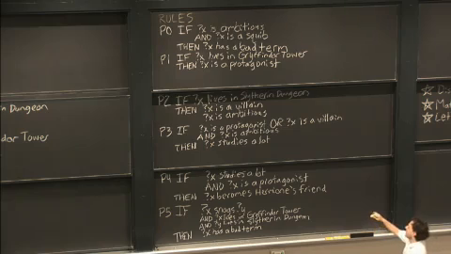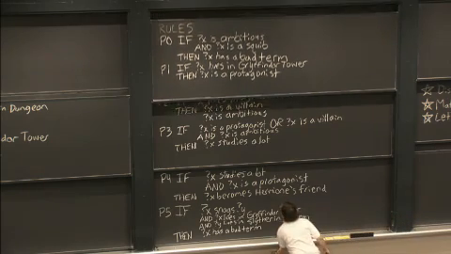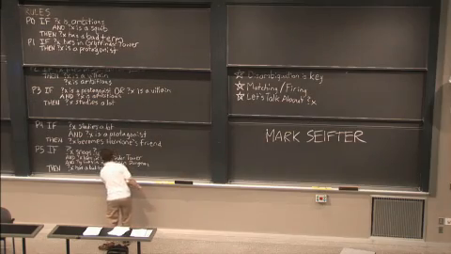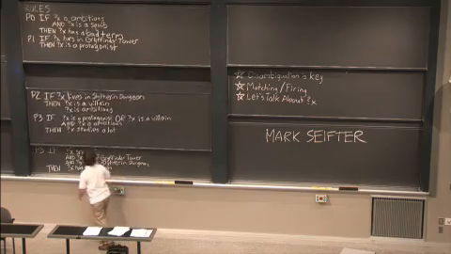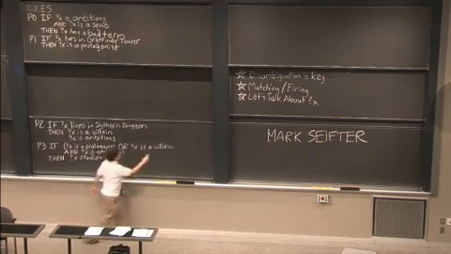Rule 3, if X is a protagonist or X is a villain and X is ambitious, then X studies a lot. By the way, the scope for this, just to be sure that we're clear, is this.